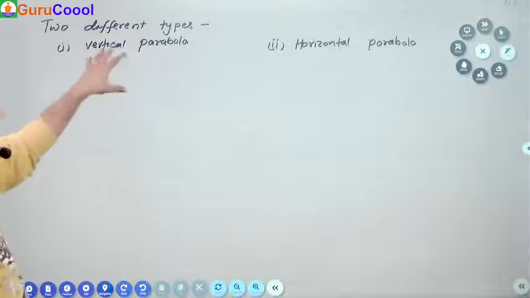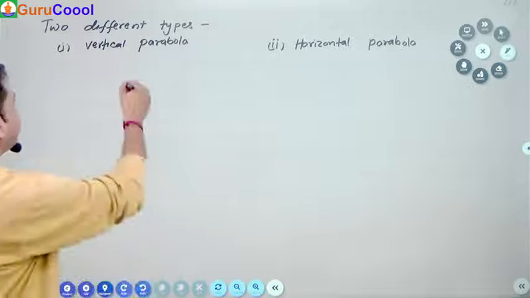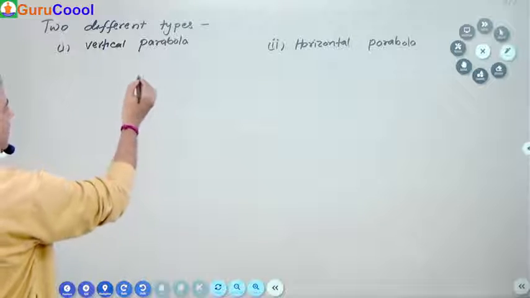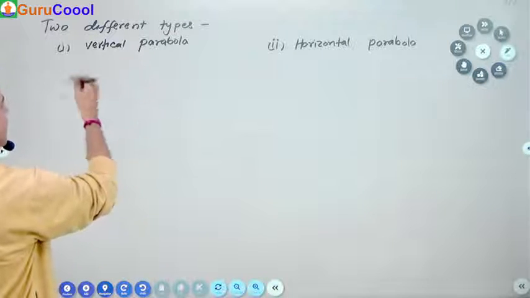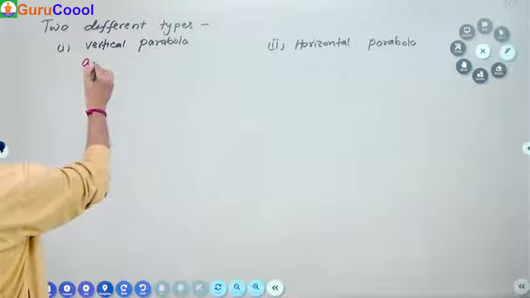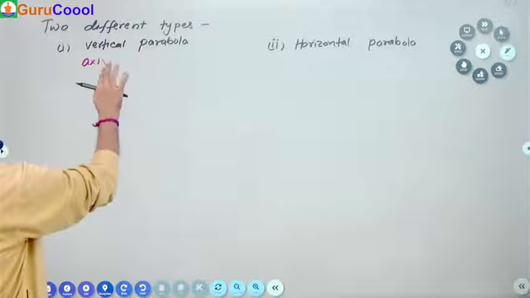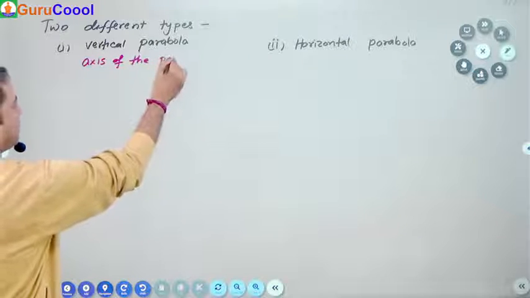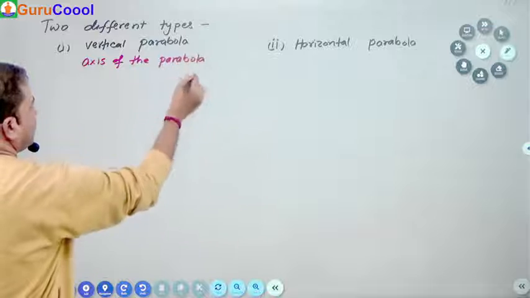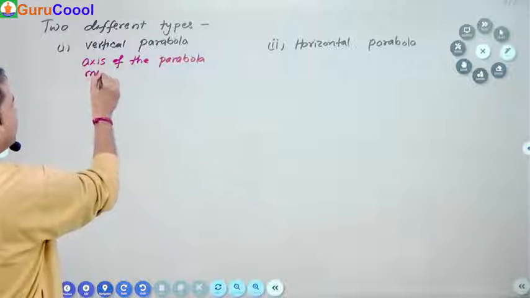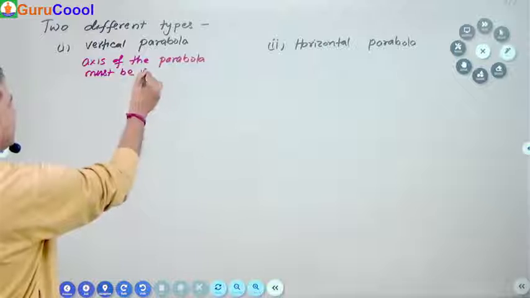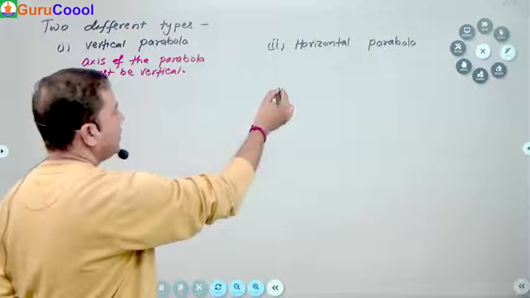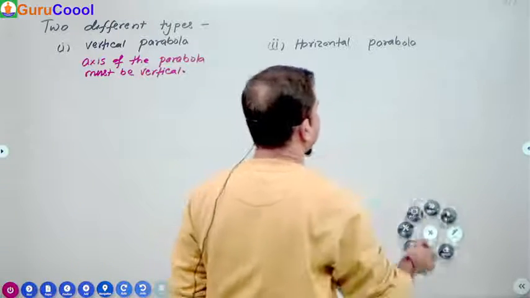What do I mean by vertical parabola and horizontal parabola? When I say vertical parabola, I mean that the axis of the parabola must be vertical. And in this one, axis of the parabola should be horizontal.